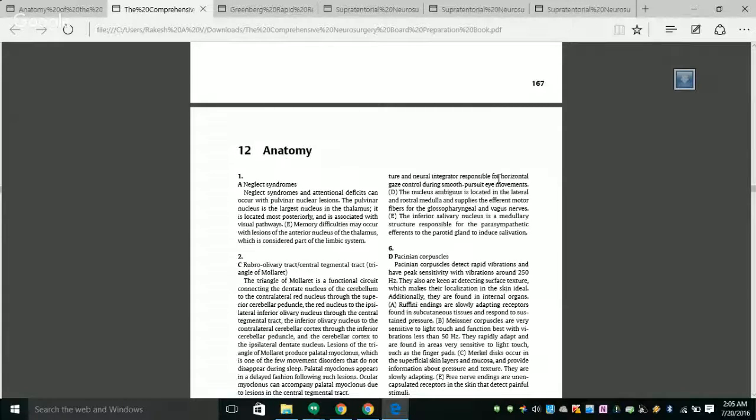And the inferior salivatory nucleus is a medullary structure responsible for parasympathetic efferents to the parotid gland to induce salivation. So the inferior salivatory nucleus produces saliva from the parotid gland. So that's all about these options. They have explained each of the options along with area postrema and nucleus tractus solitarius.